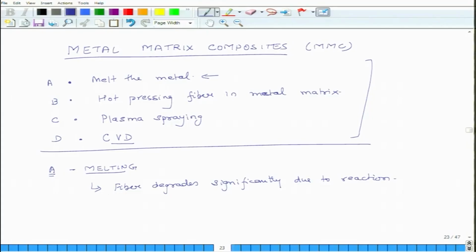This melting approach works if the fiber-metal reactivity is less. Then this approach works. If it is very high or if it is high, then we do not want to use this approach.